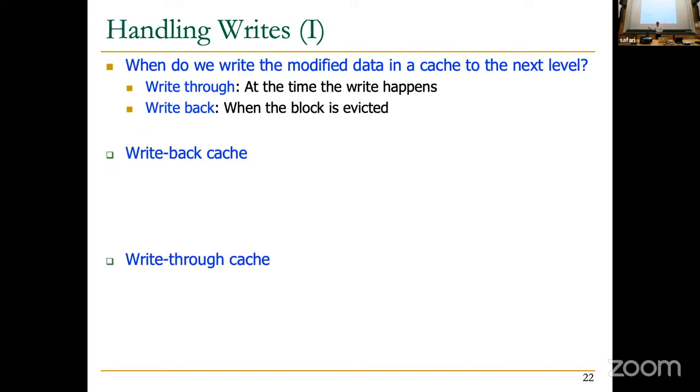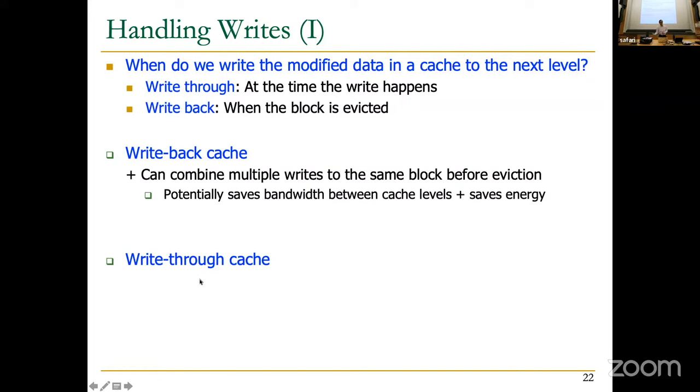I'm going to talk about handling writes in the next few minutes. The key question is, when do we write the modified data in a cache to the next level? Write through means at the time the write happens, the next level gets updated. Write back means when the block is evicted. So this classifies caches into two different categories. You can have write back cache and write through cache, and they have clearly different trade-offs.